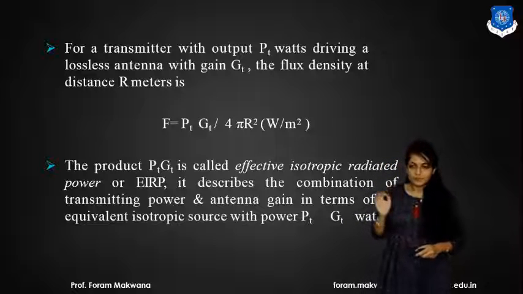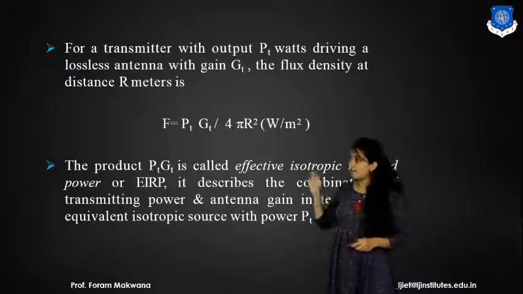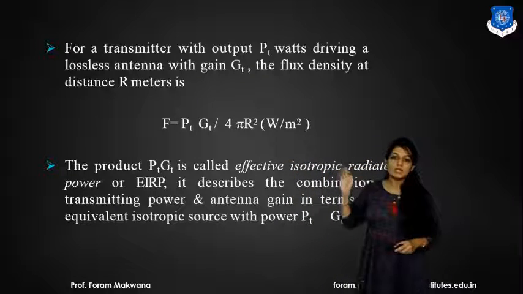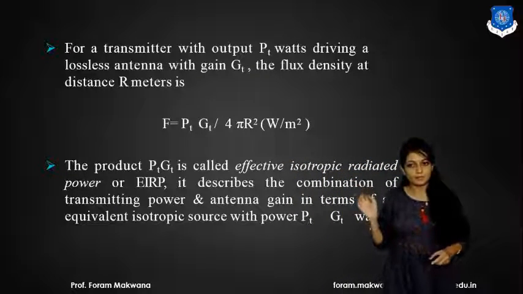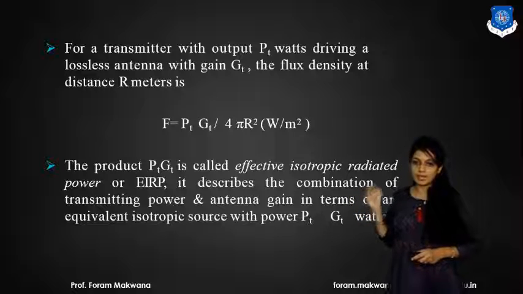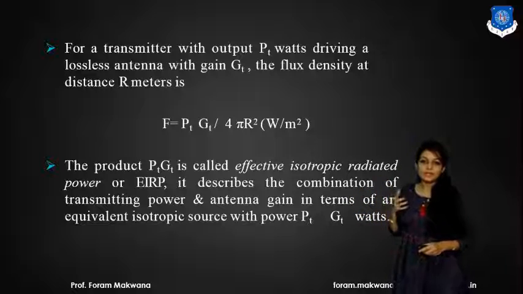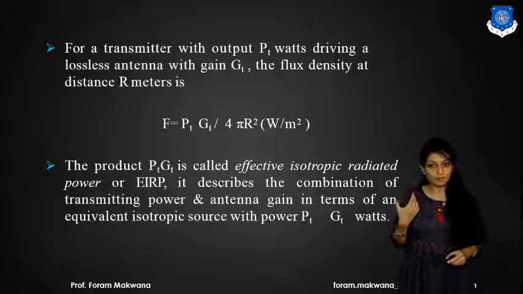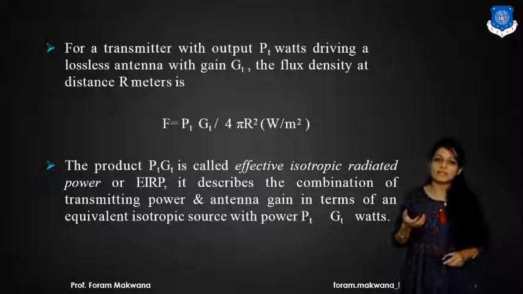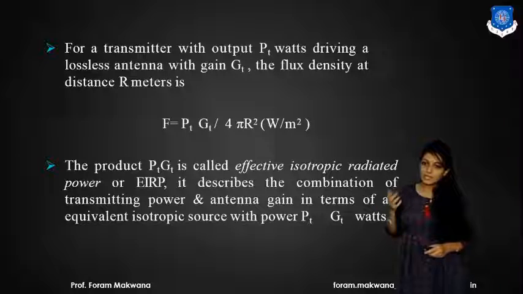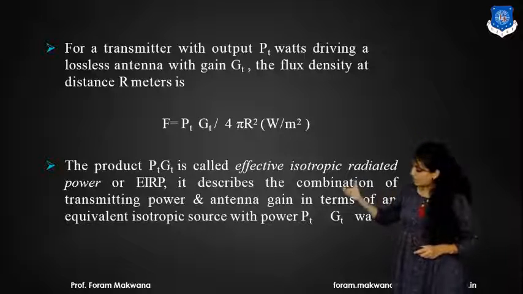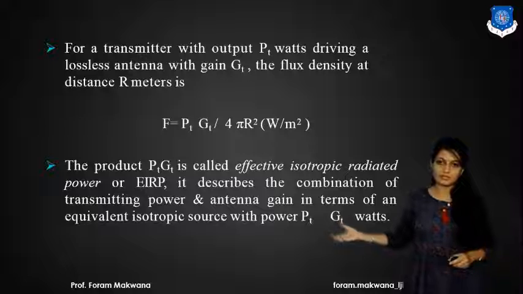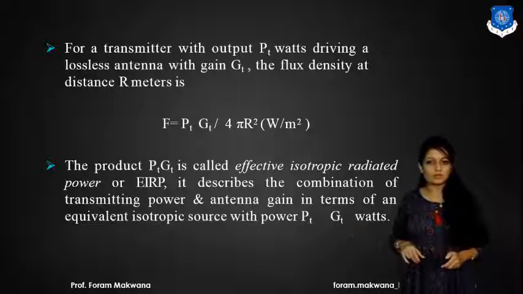The product term PT and GT is called the effective isotropic radiated power, that is EIRP. It defines the combination of the transmitting power and the antenna gain, in terms of an isotropic source, that is PT into GT watts.